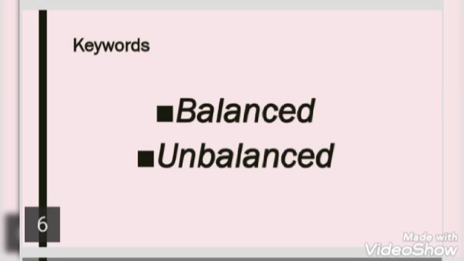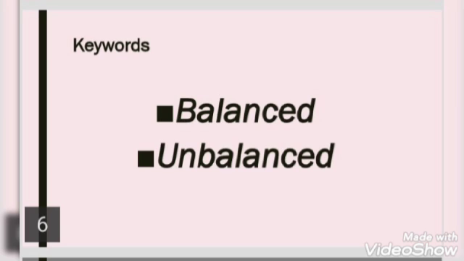Keywords: balanced and unbalanced. In this lesson, we're going to see balanced and unbalanced force. In the first picture itself, we can show the balanced and unbalanced force. Let's see these forces in detail.